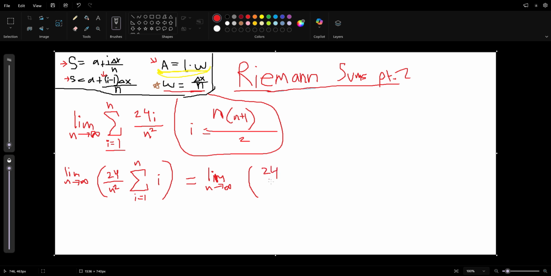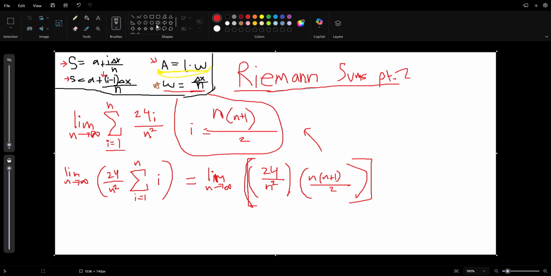So now we will do 24 over n squared. Looks about the same from last time, but now we will be multiplying this by n times n plus 1 over 2, which is what was up there, right here, because it's essentially the same thing.